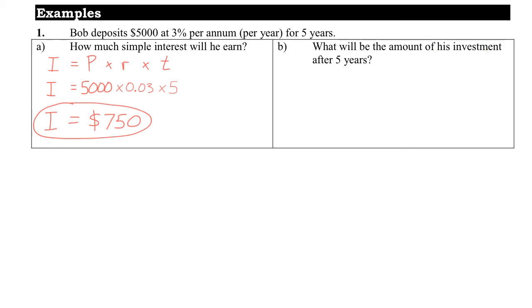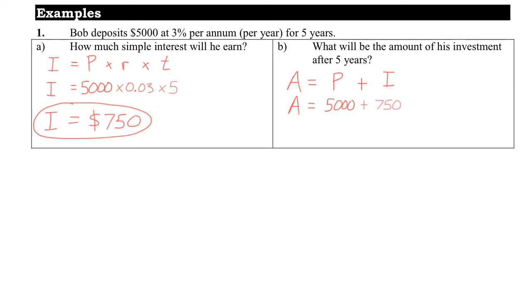In here, I was asking how much simple interest will he earn. Now I'm asking what will be the amount of his investment. So the investment was the original $5,000, and then he earned $750 more dollars. So the amount of the investment, that's the total amount of money. That's A. A equals P plus I. P is the principal, that's $5,000. I is the amount of interest earned, which we found was $750.